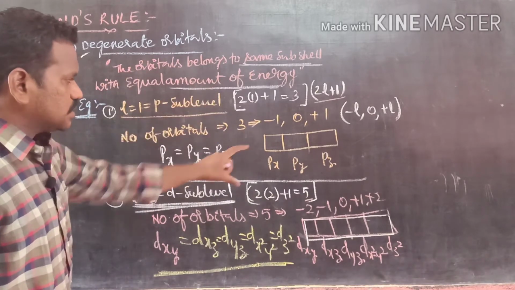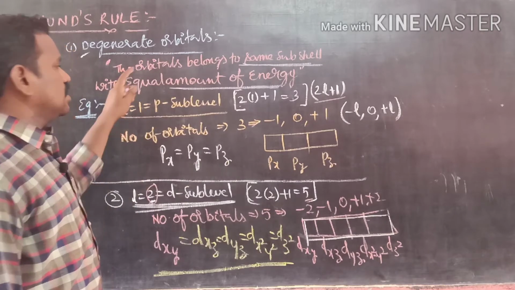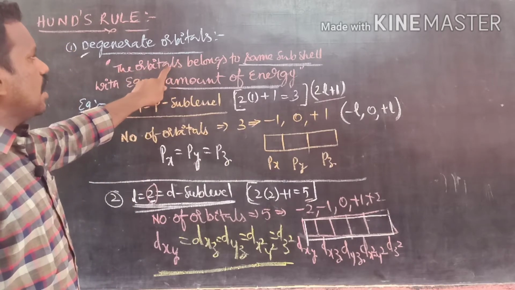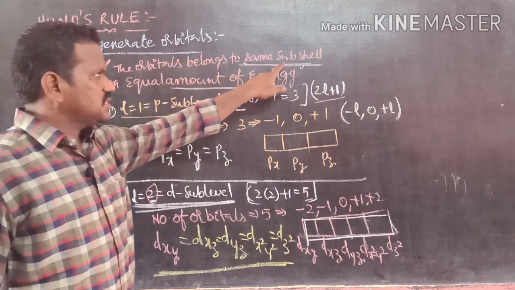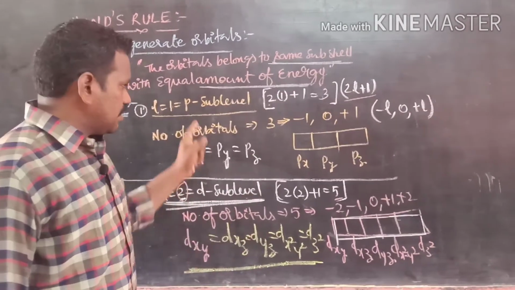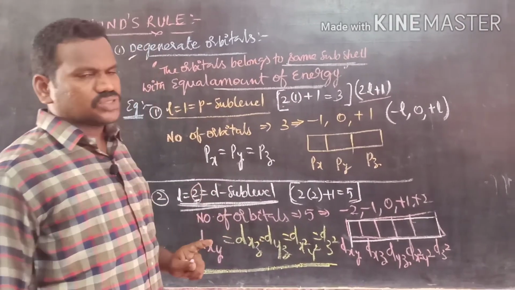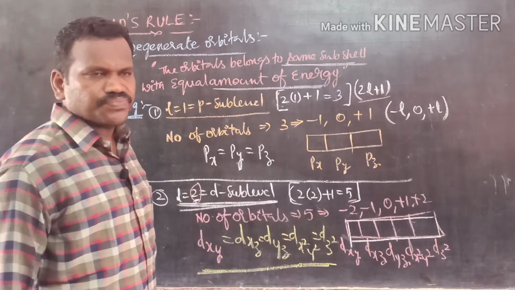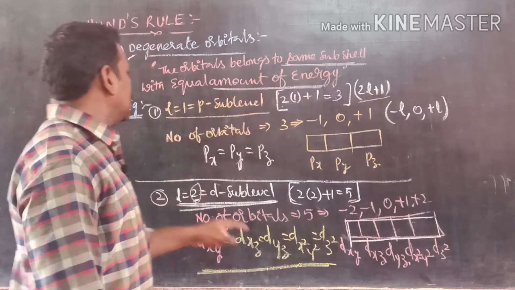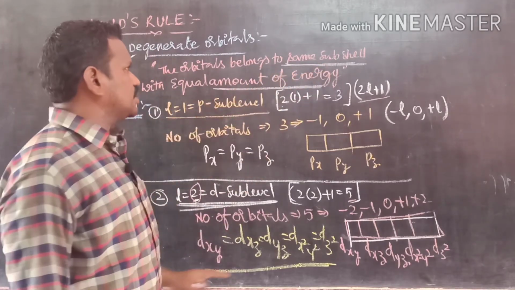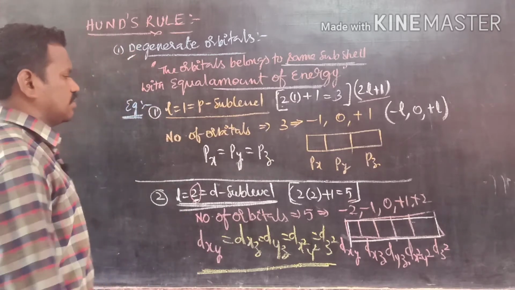From this explanation we can understand a very important definition: orbitals that belong to the same subshell, whether p, d or f, and have equal energy are called degenerate orbitals.